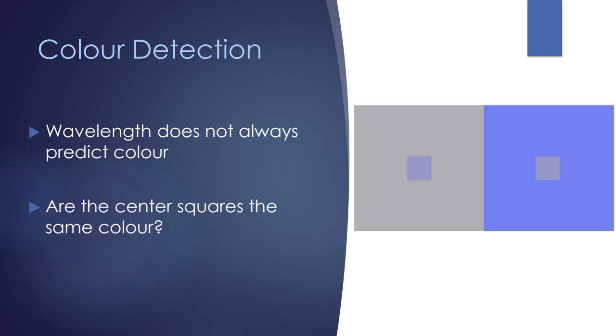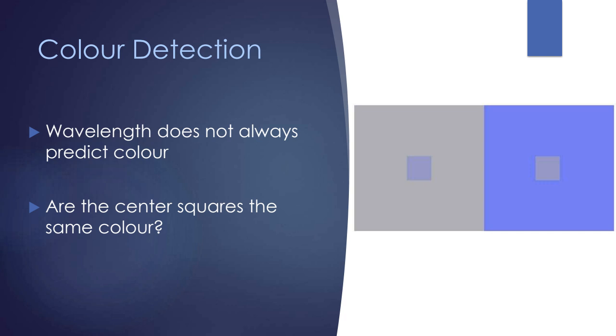So different parts of the electromagnetic spectrum do seem to correspond to the colors. So this would suggest that color is a property of the light reflected from an object and therefore a property of the object itself. But we know from the beginning of the course that that's not exactly true, right? Color is not a property of objects.